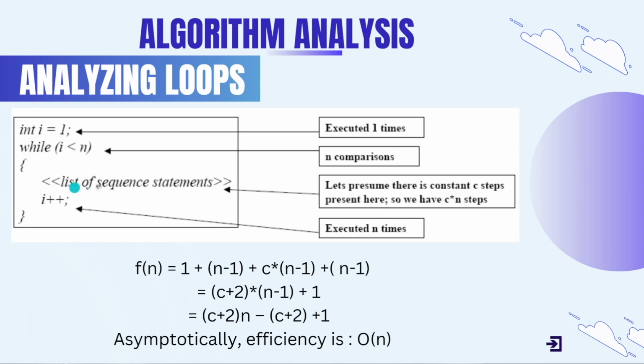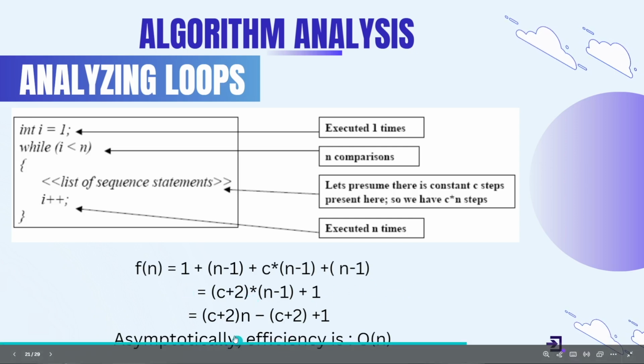Here we have marked some statements as a list of sequence statements which take c steps, and that is why we have c into n minus 1, plus there is an increment operation which runs n minus 1 times. When I sum up, I will have the algorithm's complexity as c plus 2 into n minus c plus 2 plus 1. In general, when I look at the highest order term, it is going to be n. So we say that the algorithm's complexity is order of n.